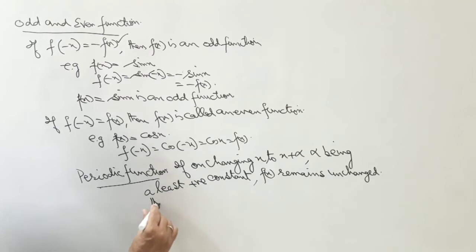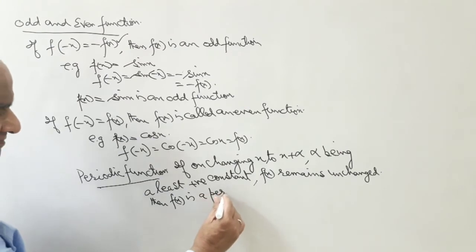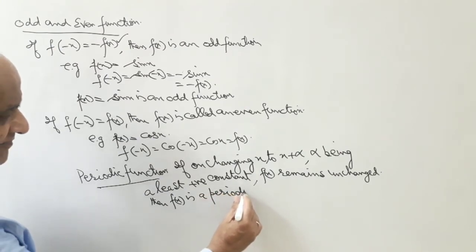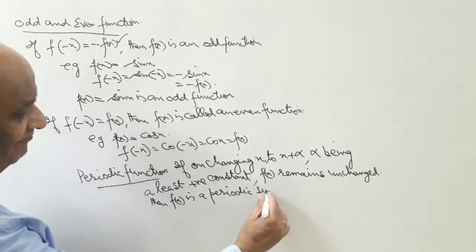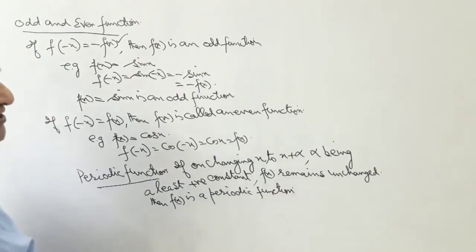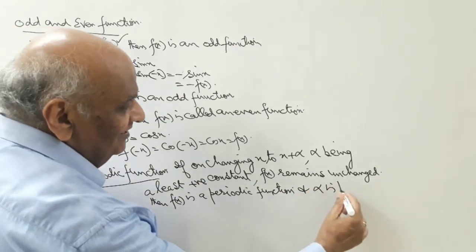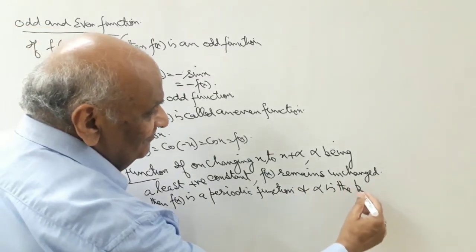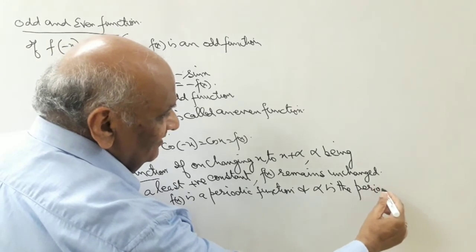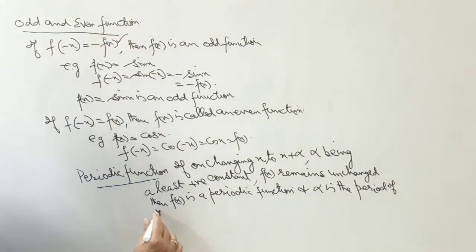Then fx is a periodic function and alpha is the period. Alpha is the period of the function.